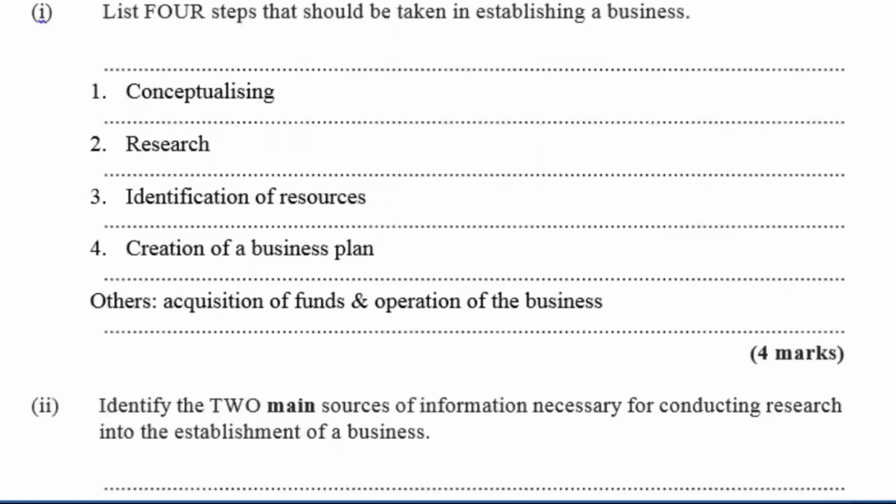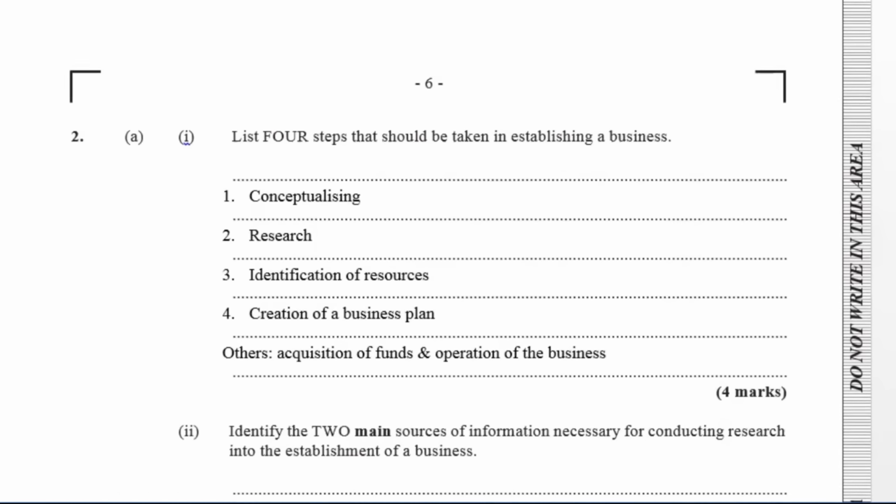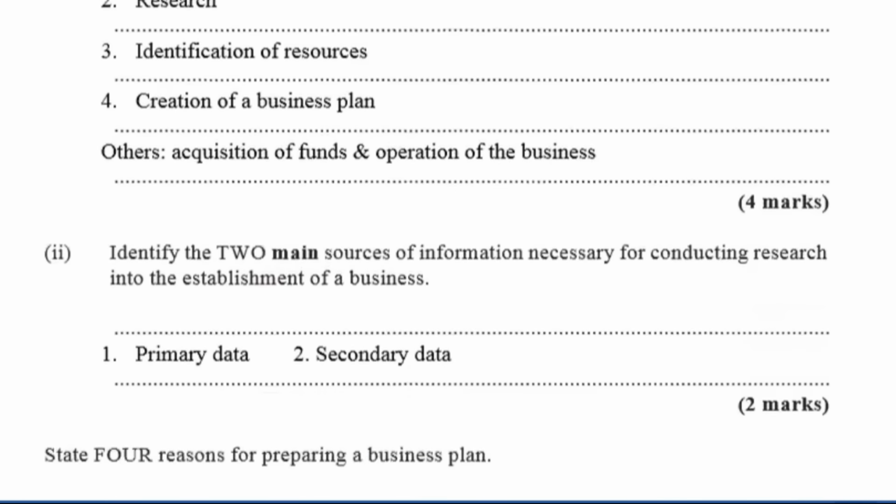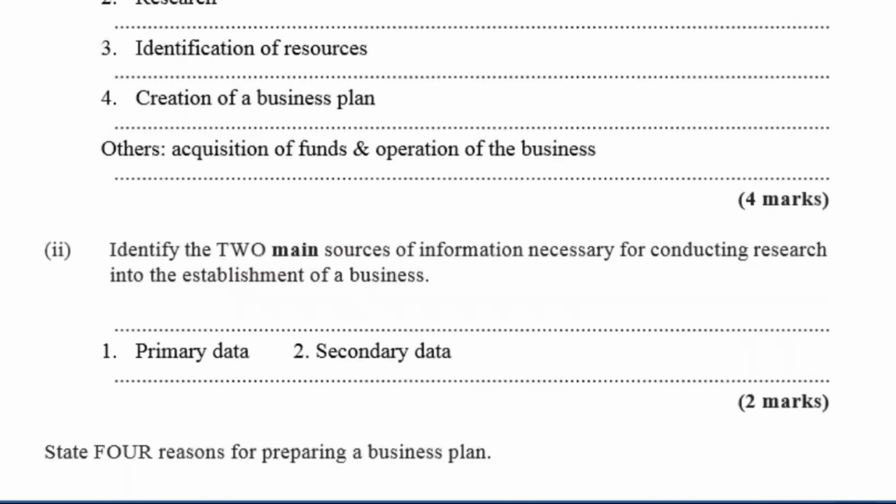What are the sources to get information? All right, so the two main sources of information, they are primary data and secondary data.